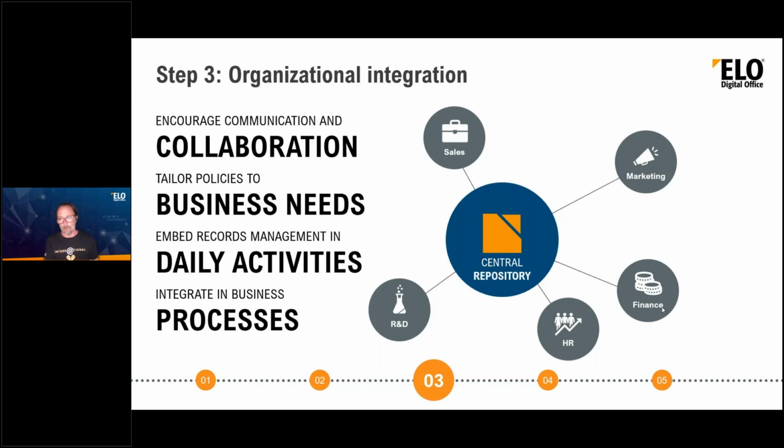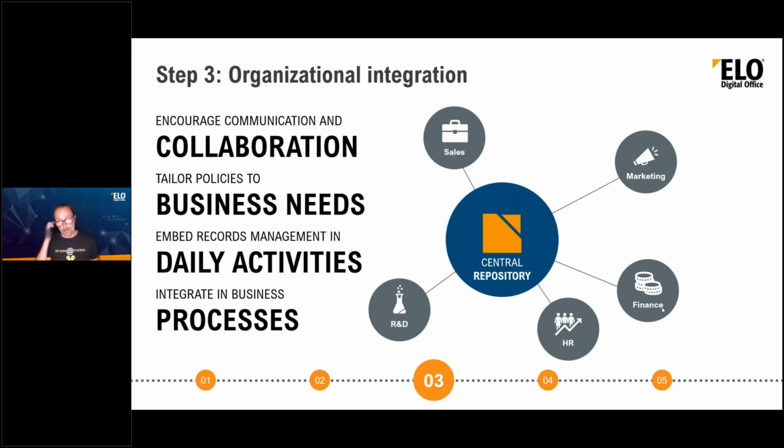So then we can define, okay, documents come in this way, information we can get from there, record is created then, and so on. Tailor the policies to the business needs, because your employees need a solution where they can work with the records and with the documents. And when the solution makes it easier for them to file documents in a record or file some information in a record, then they will use it.